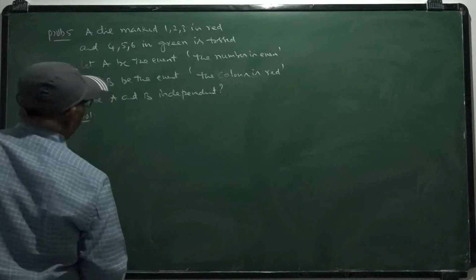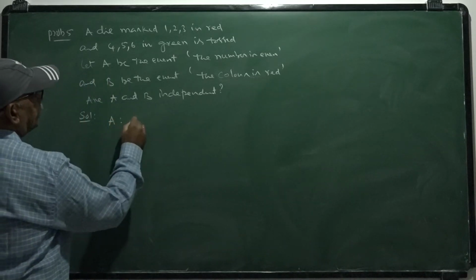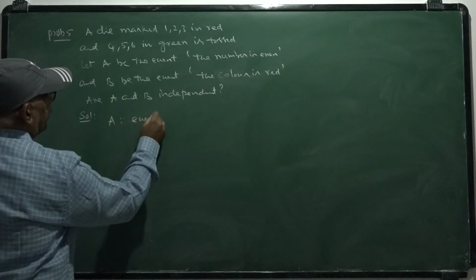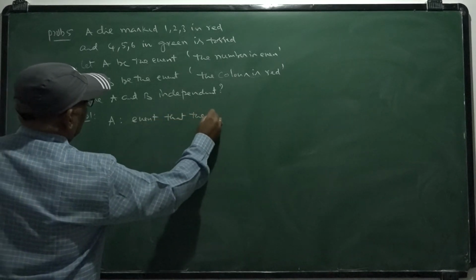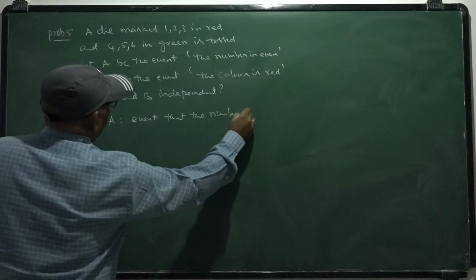So here A is the event that the number is even.